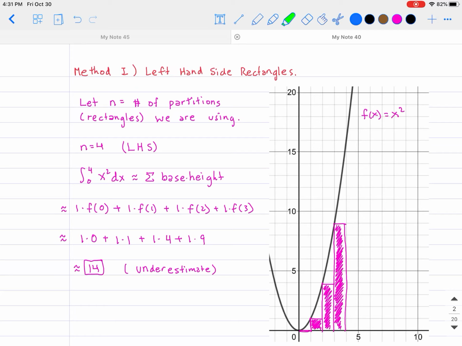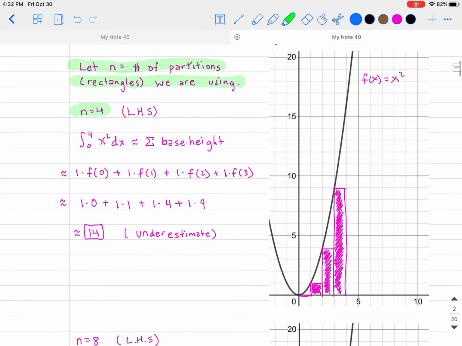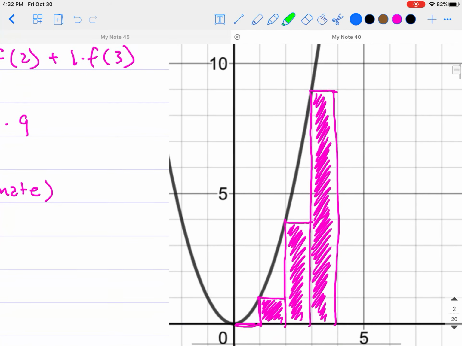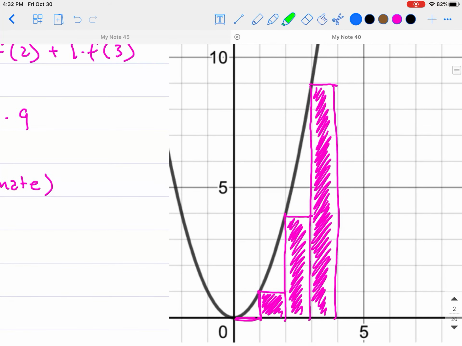You can see in this picture that, from the area between 0 and 4, one easy thing I can do is create 4 rectangles and use those as an estimate of the area under the curve. First I'm going to say let n be the number of partitions, in terms of rectangles, that we are using. In this case, n is equal to 4. The height we're referring to is the left-hand side.